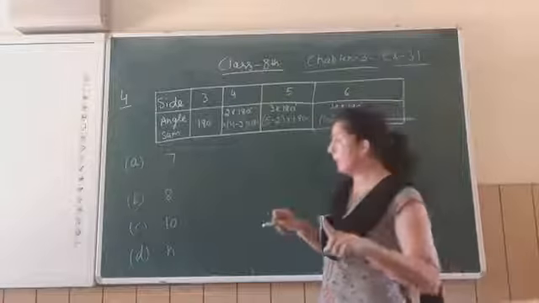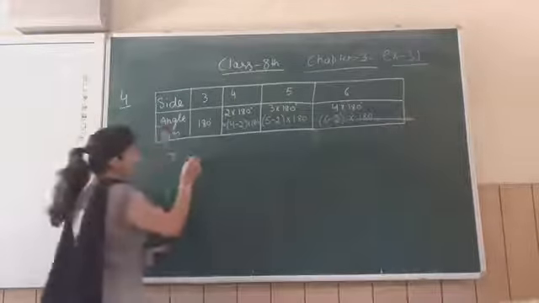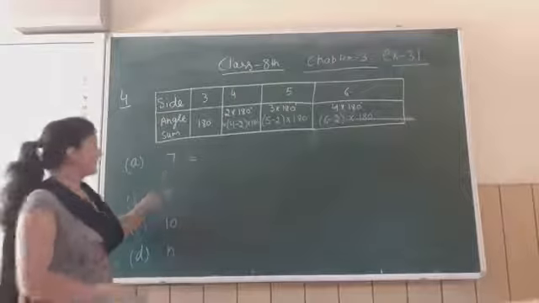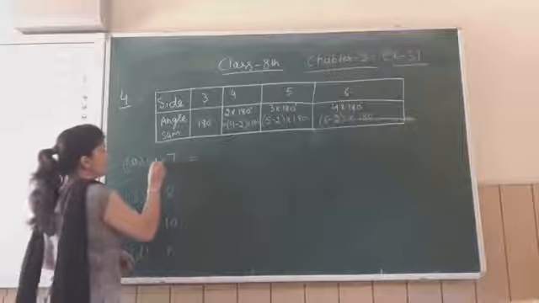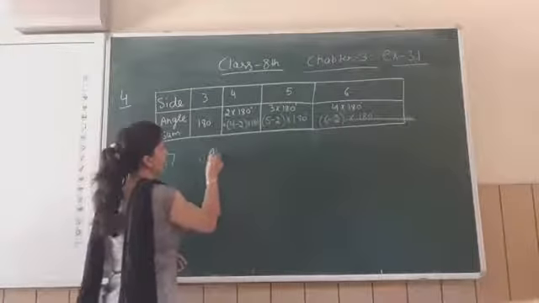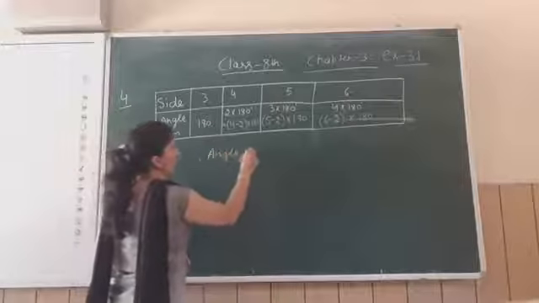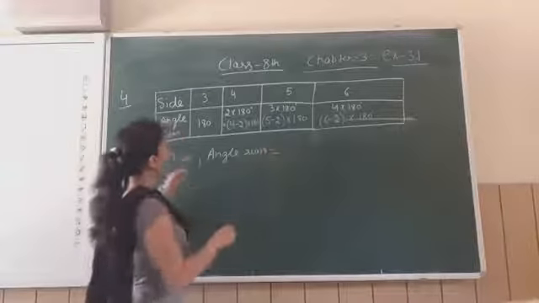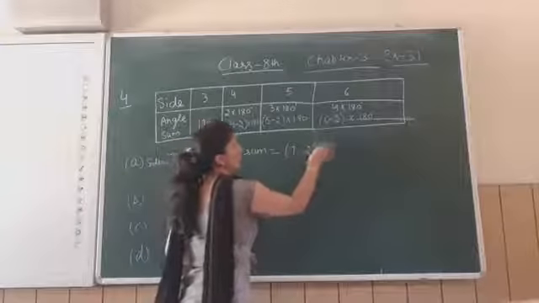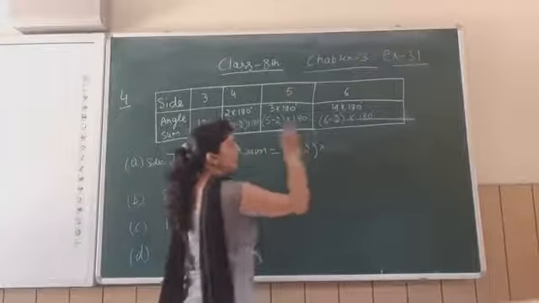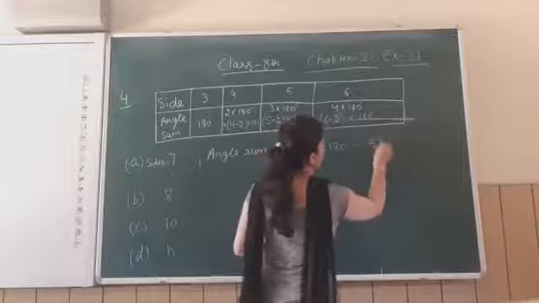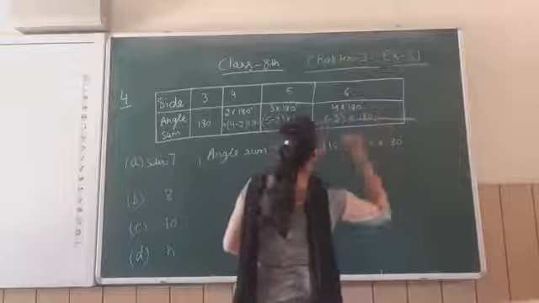Now take sides equal to 7. According to this rule, what will be the angle sum? Angle sum is equal to sides minus 2 multiply 180. So this will be 5 multiply 180.